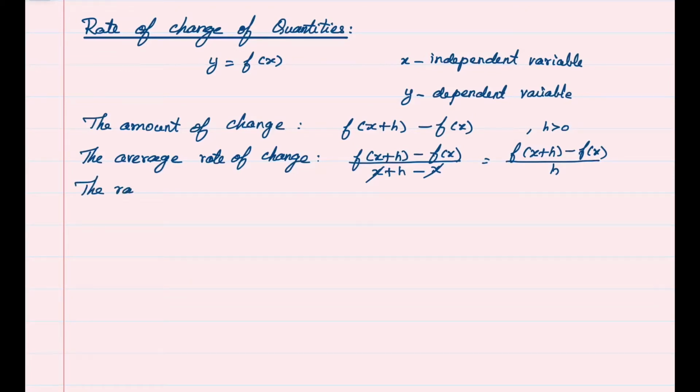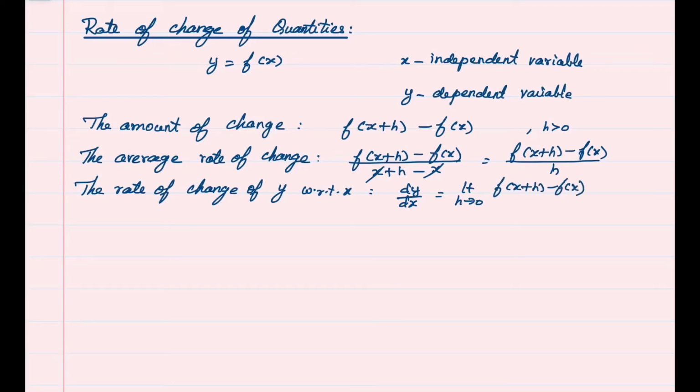Now, the rate of change of y with respect to x is given as dy by dx, which is limit h tending to 0 of f of x plus h minus f of x divided by h.